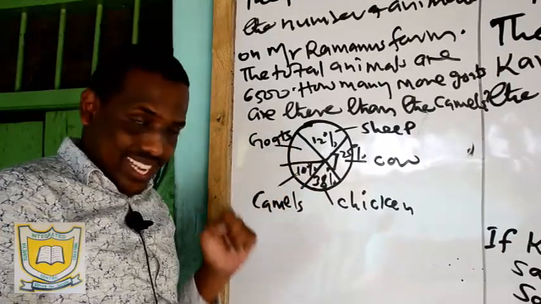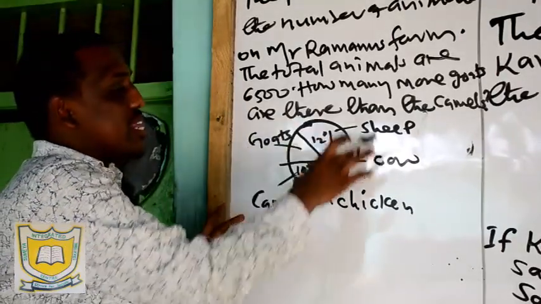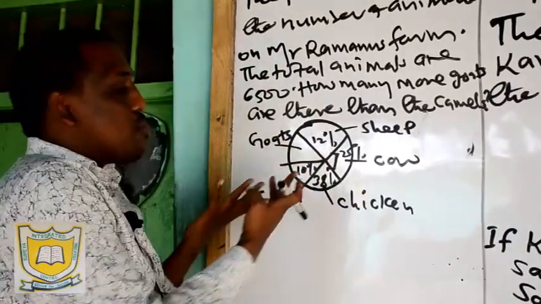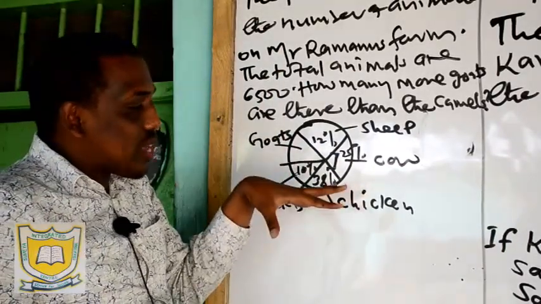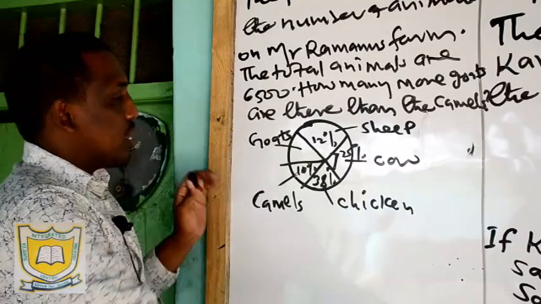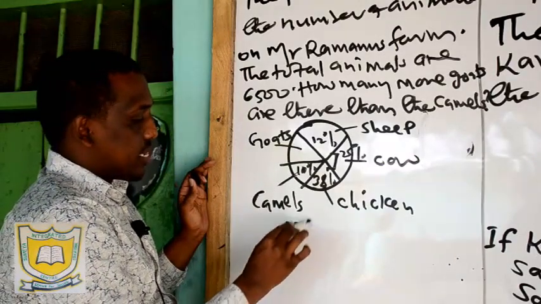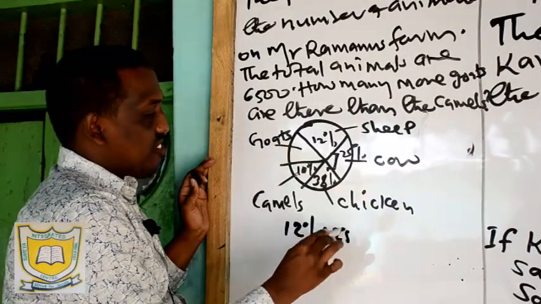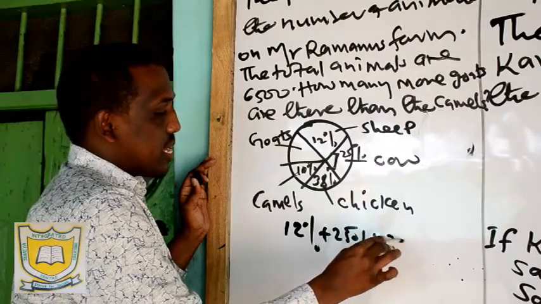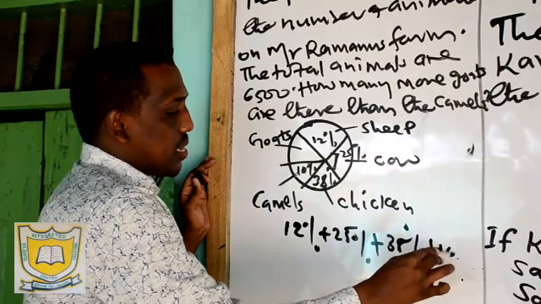We must find it. The same way we added the degrees and subtracted from the total degrees, we add the percentages we have and subtract from 100%. So we say 12% plus 25% plus 38% plus 10%.